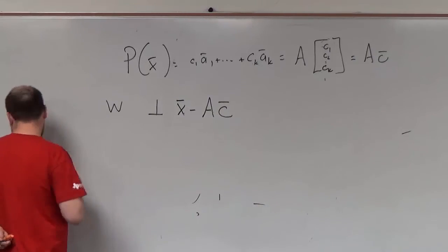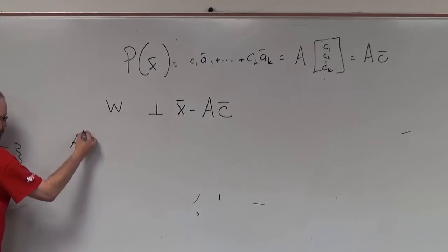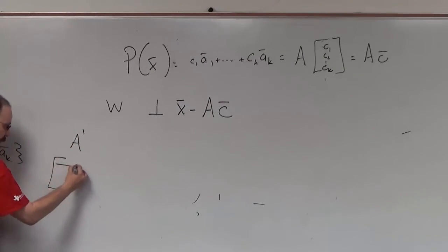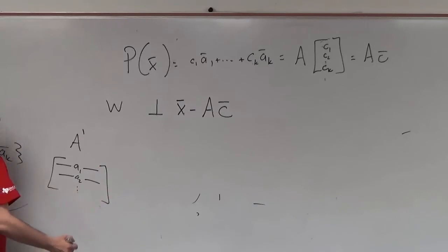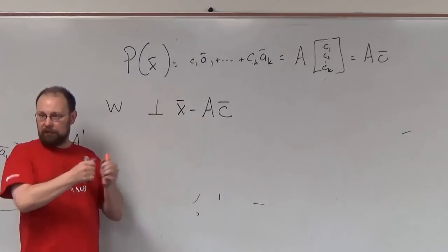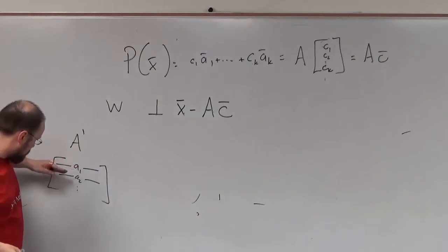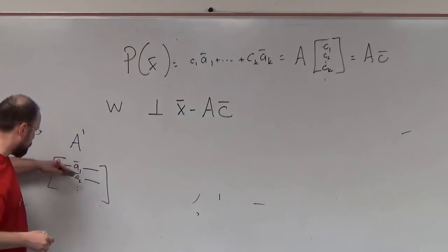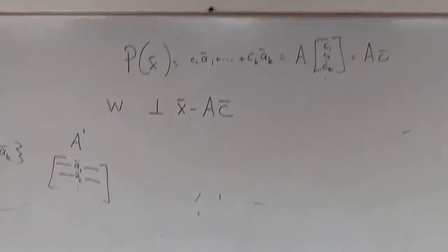So how do you show that these are orthogonal? Well, you would take A transpose, because that would turn the columns into rows. And you would multiply by the columns of this matrix, and you'd want that to be 0. Because then you see that the vectors A1 through AK are orthogonal to this. That's what we want.